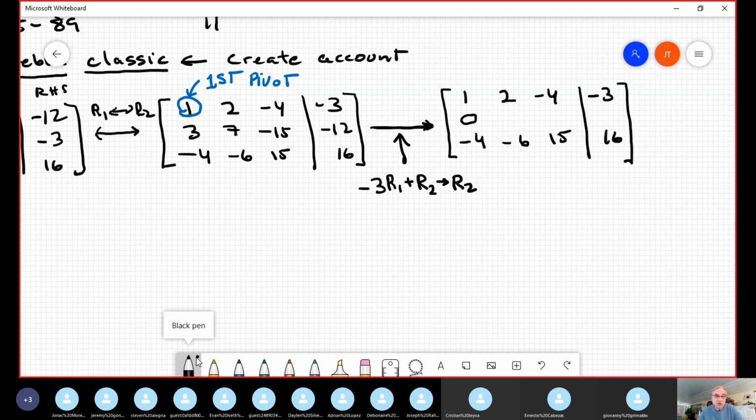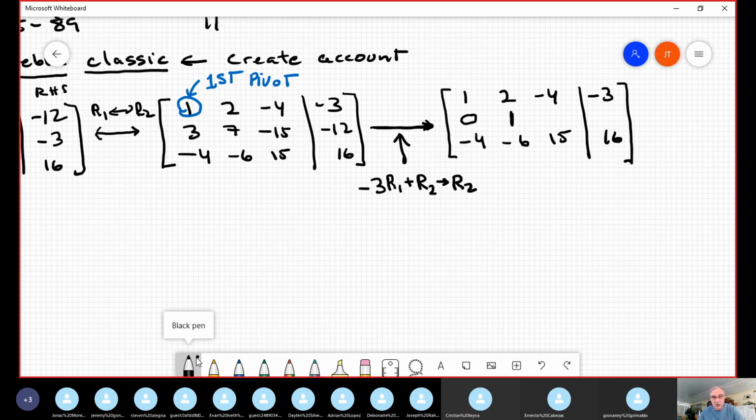But this is not. This is 2 times -3 is -6. And -6 plus 7 is 1. Do you understand where I get this one from? Repetition: 2 times -3 is -6. It's the factor.